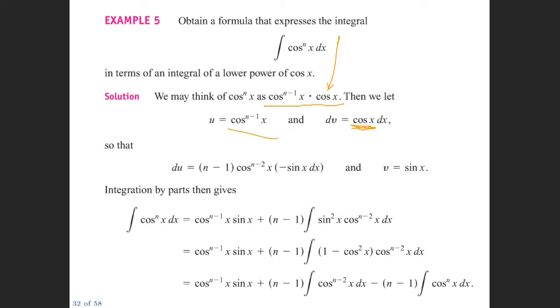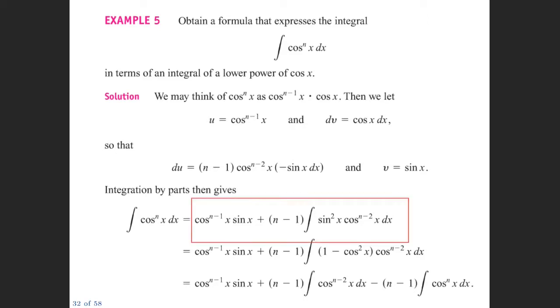Then when we do our integration by parts, we obtain the formula which is in the box I've just tried to draw. Let me make that a little bit neater. After we do integration by parts, we end up with this formula which is in the red box. There's a sine squared here.